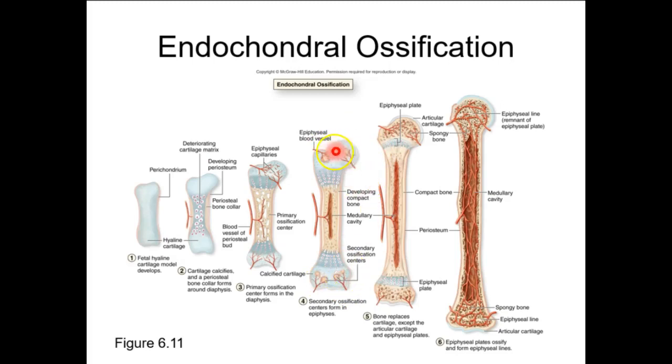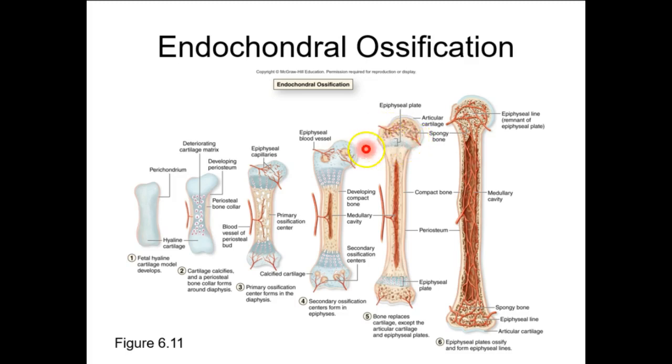This is why we're ultimately going to form a growth plate, because we're going to have ossification happening within the epiphysis and within the diaphysis, and it's going to slowly close that gap between the diaphysis and the epiphysis as we grow and develop. And throughout childhood, you maintain some of that cartilage. That is the growth plate. That is the definition of the growth plate.